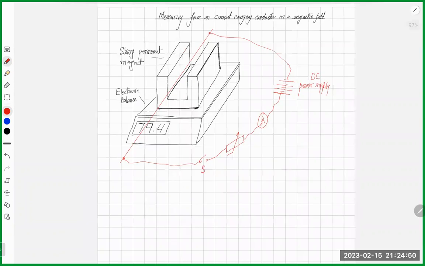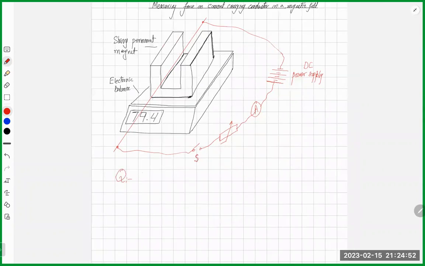Question. When switch S is closed, the reading on the electronic balance changes.